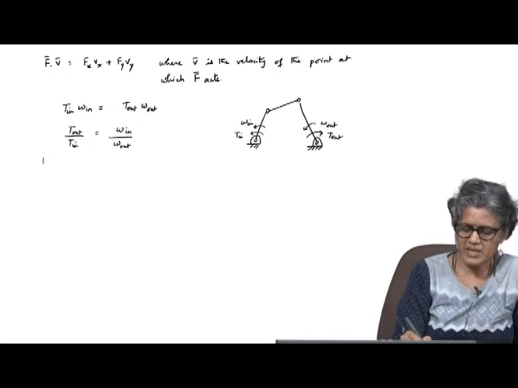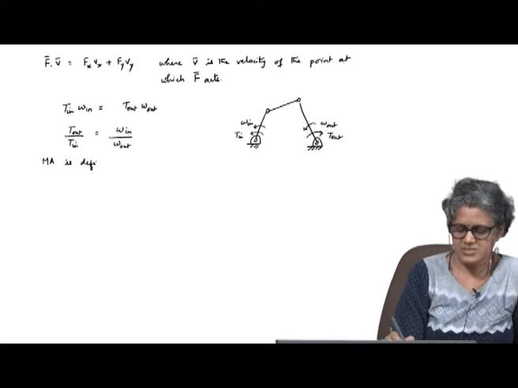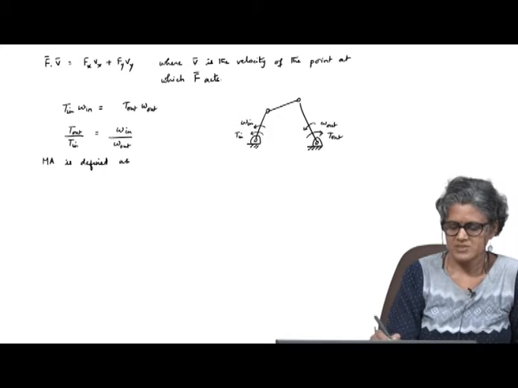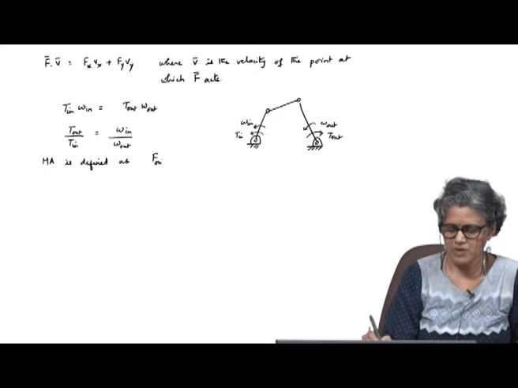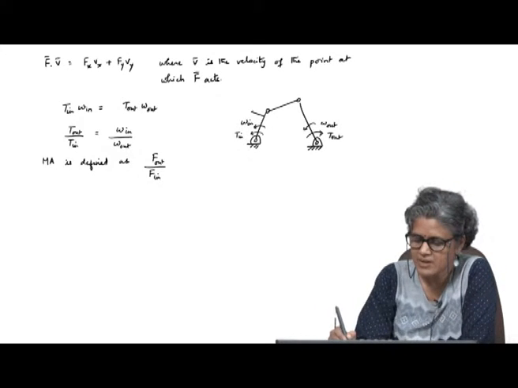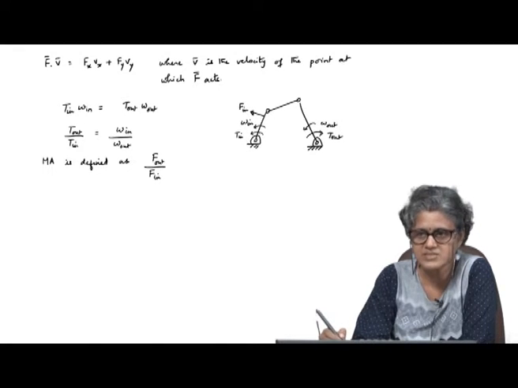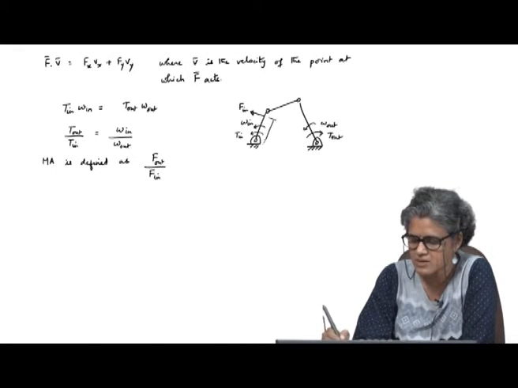Your mechanical advantage is defined, by the standard definition, as F out by F in, because usually the torque also may be applied as a force at a distance. So, this could be R in.